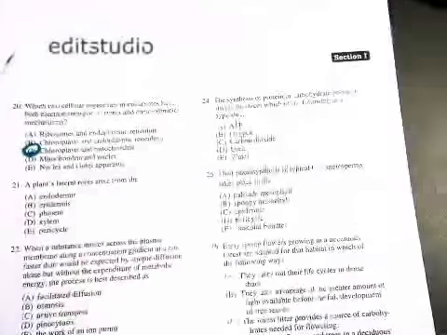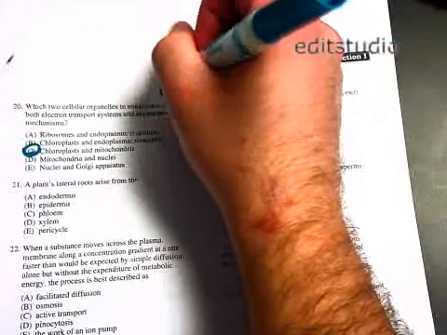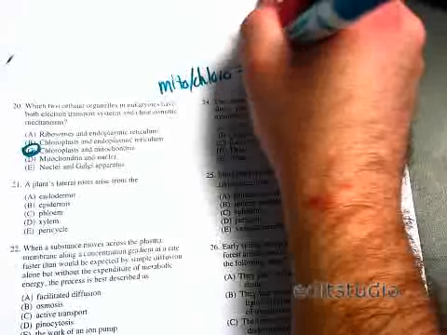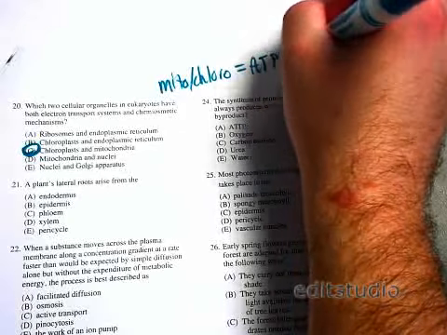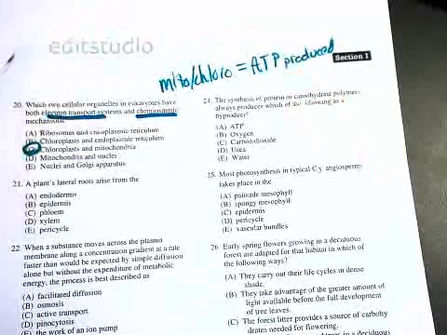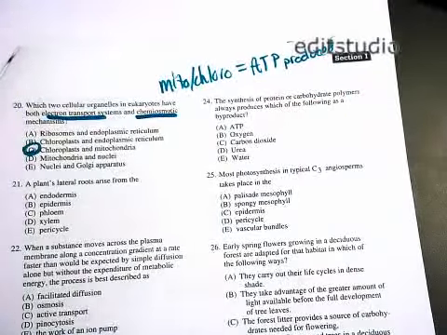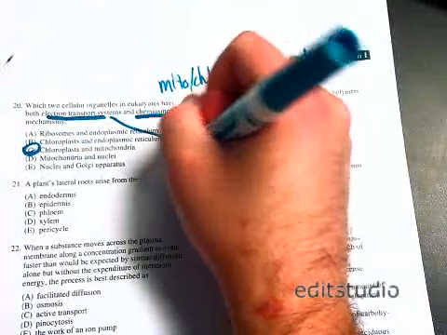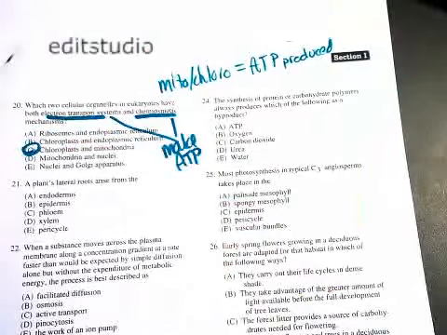They want you to know that in your mitochondria and in your chloroplasts, you have ATP being produced. Because if you think about it, why would you use electron transport systems and chemiosmosis? To do what? Yeah, definitely it's all about making ATP. To me, 20 and 4 are the same question.